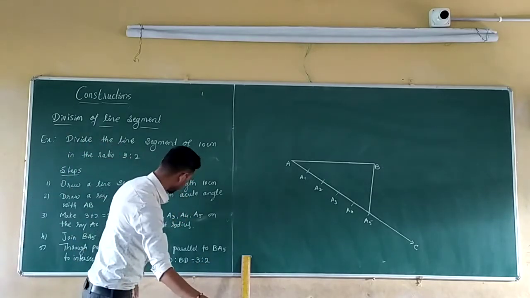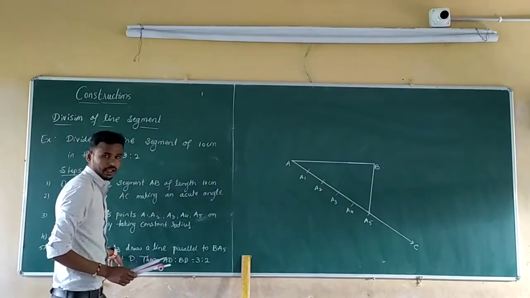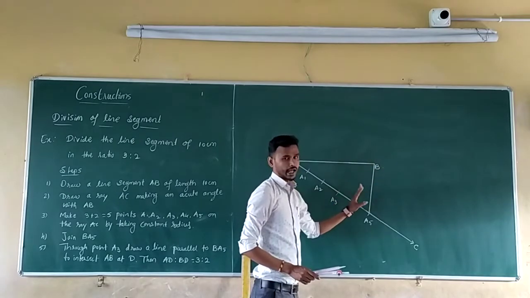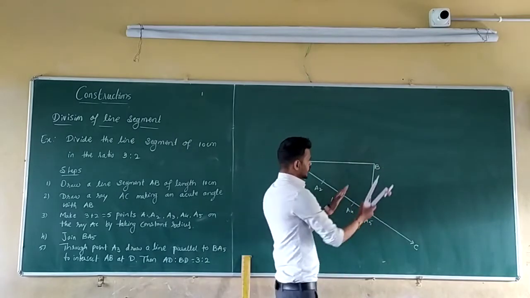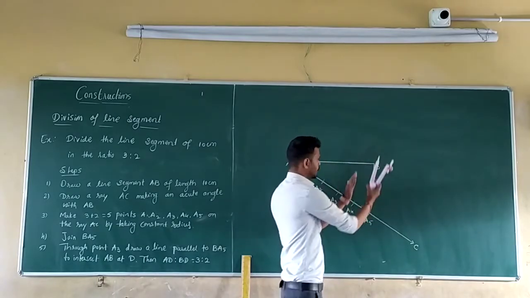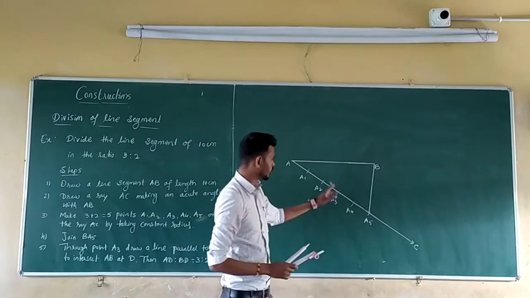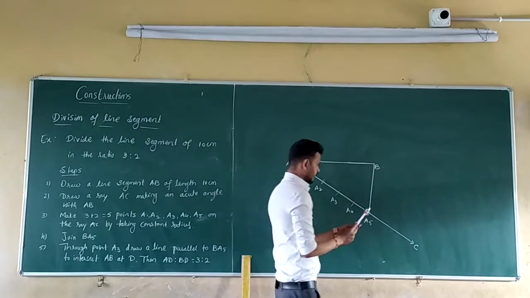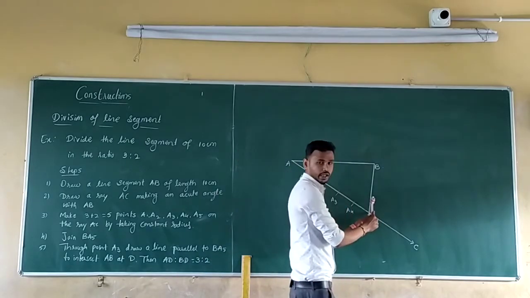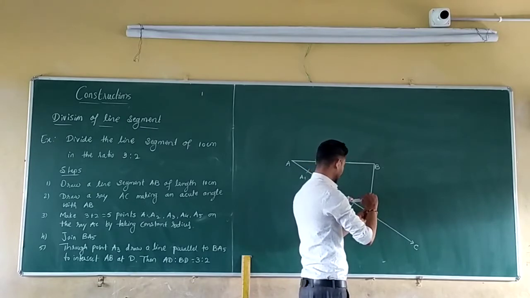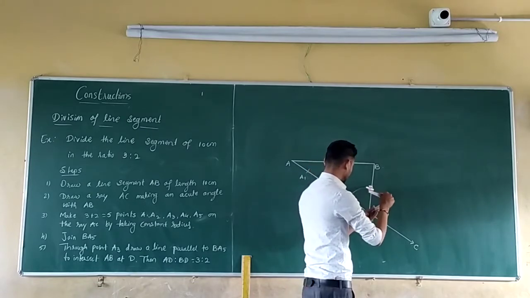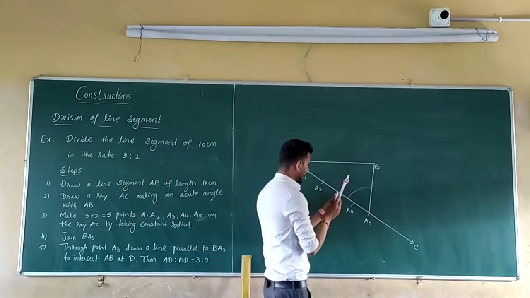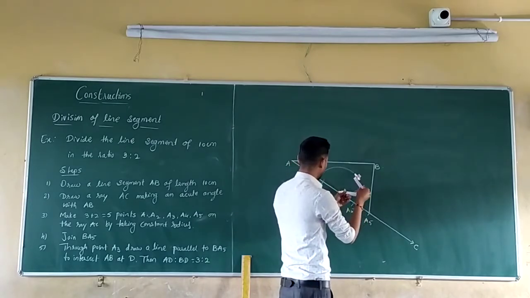Let us see now. So through point A3, here it is, this point A3, draw a line parallel to BA5. It should be parallel to BA5, so that one you should draw. So how to draw a parallel line to the given line? Take some radius, and taking A5 as a center, draw the arc. With the same radius, A3 as a center, draw the arc.